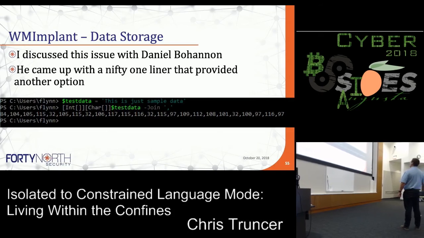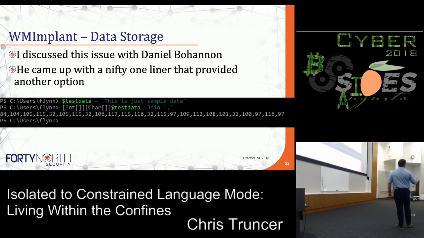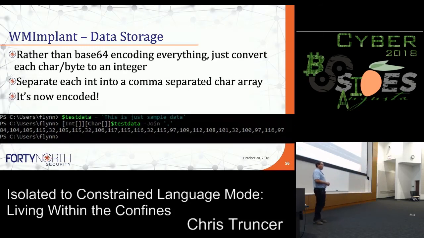We see 84, comma, 104, comma, 105, comma, 115, and so forth. This is perfect. This is all that I actually need, and this completely works in constrained language mode. While it's not base 64 encoded, we're just going byte by byte or character by character, converting into an integer, and that will solve our encoding problem. So all of our data is now encoded.